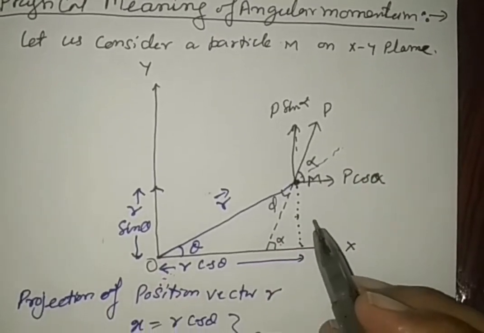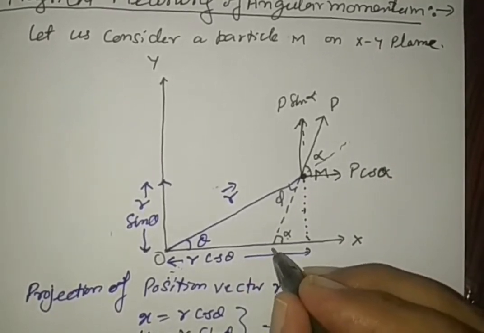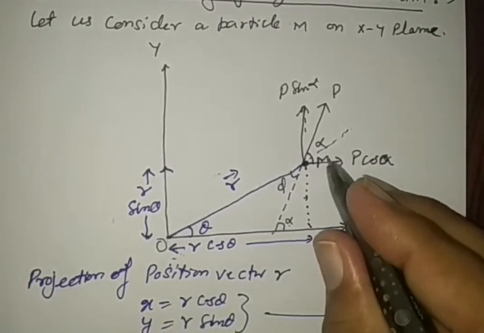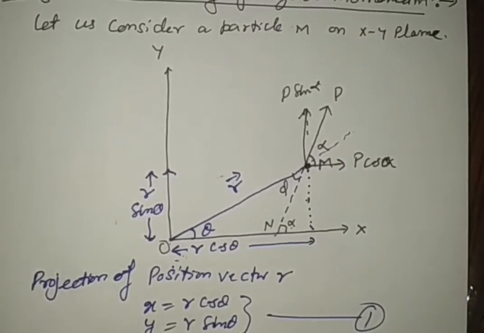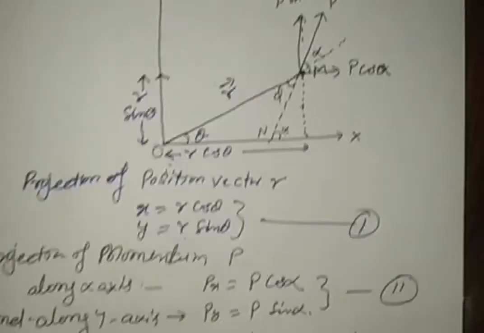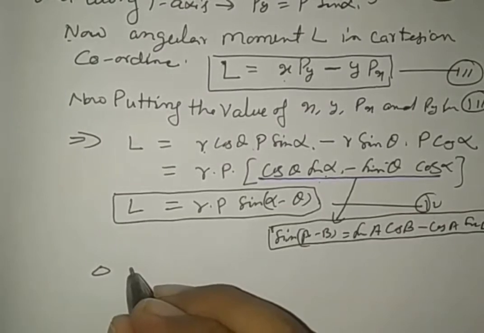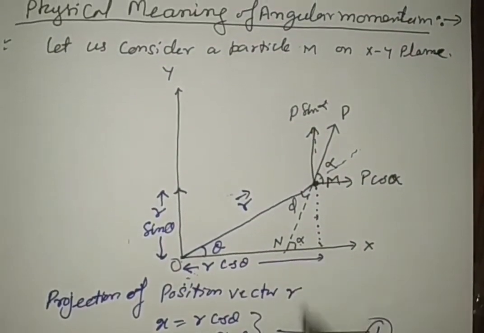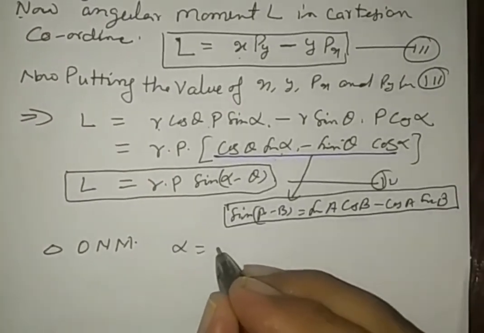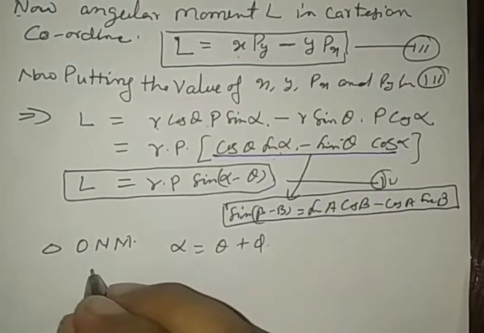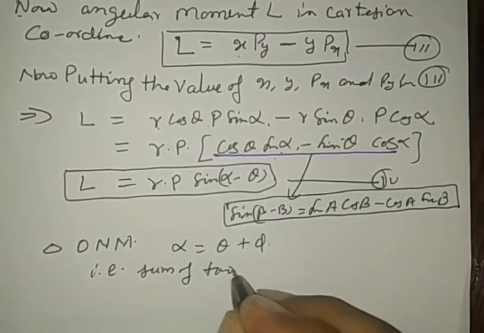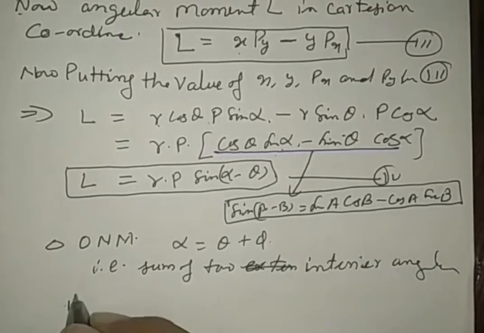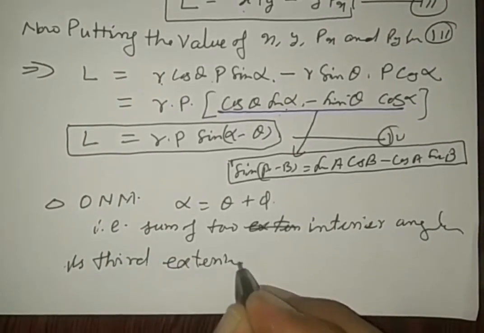So here in this diagram, this is point O, M, and if we take a point N here, then in triangle ONM, alpha equals theta plus phi, that is, the sum of two interior angles is equal to the third exterior angle.